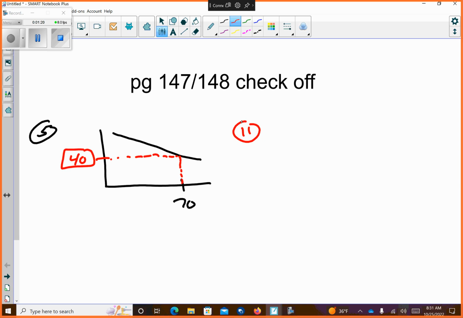Okay, so it goes along with number 10. Number 10 says, how many observations are on the regression line? For number 10, you're looking at this, and it looks like you might have 2 of them. One looks like it's at about 65, 40.